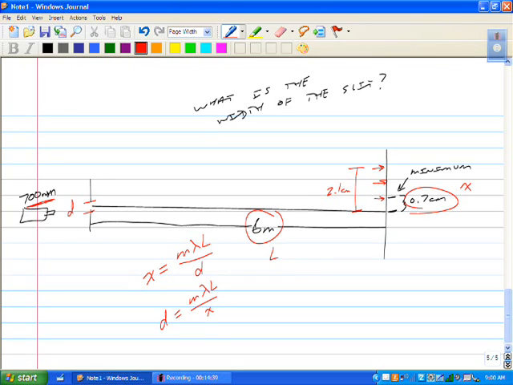Do I divide that by 3? It depends on whether I'm going to use m equal to 3 or 1. I can just talk about the distance between the maxima, the minima, and the difference in the orders is 1.